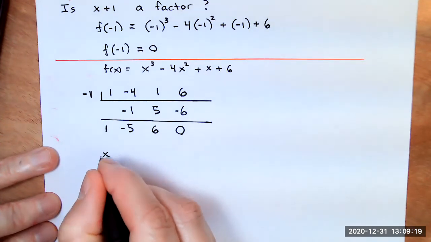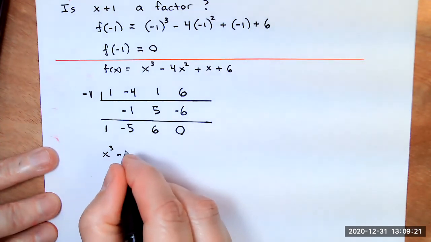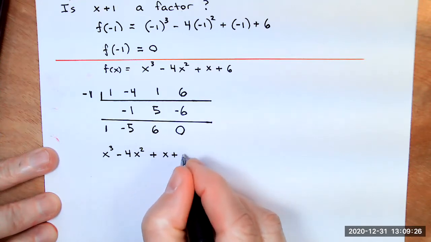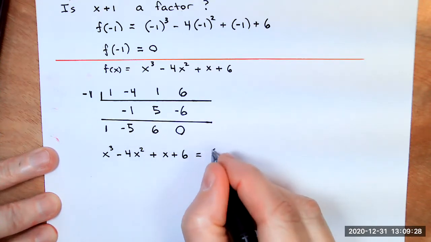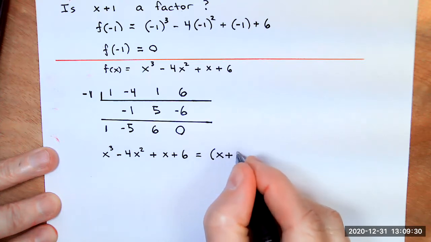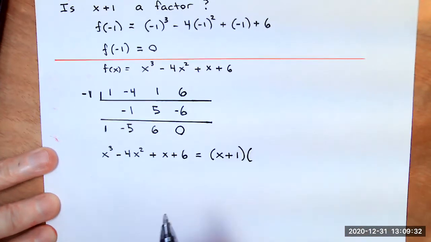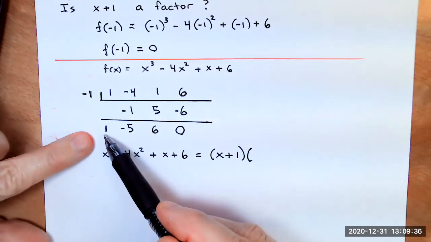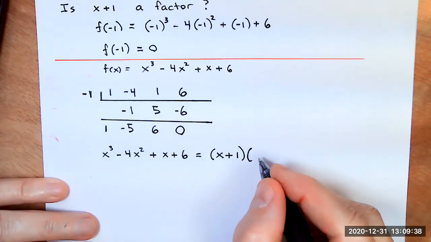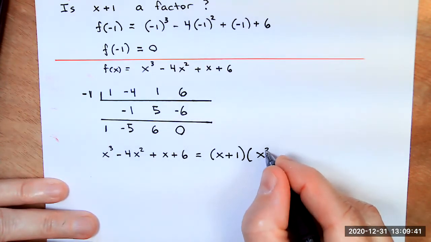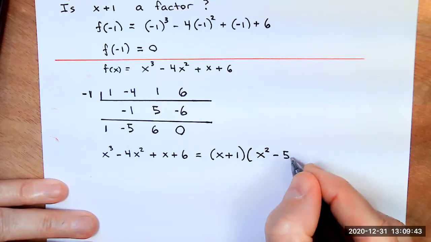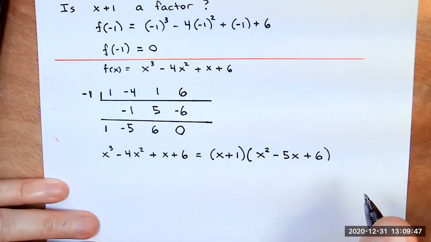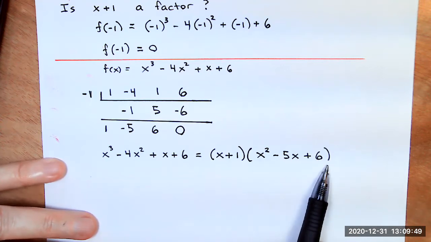So we know that x cubed minus 4x squared plus x plus 6 is x plus 1 times, so we divided x cubed by x plus 1, so this is x squared. And this we can just factor in our head.